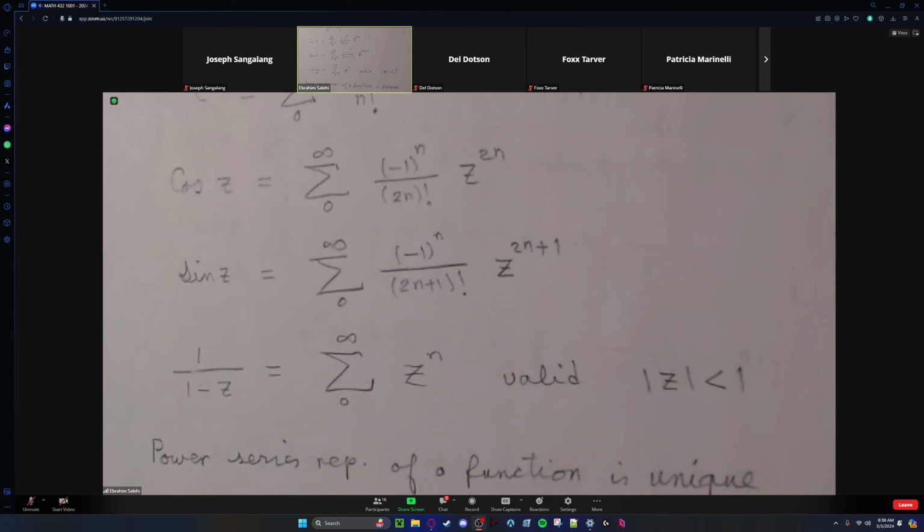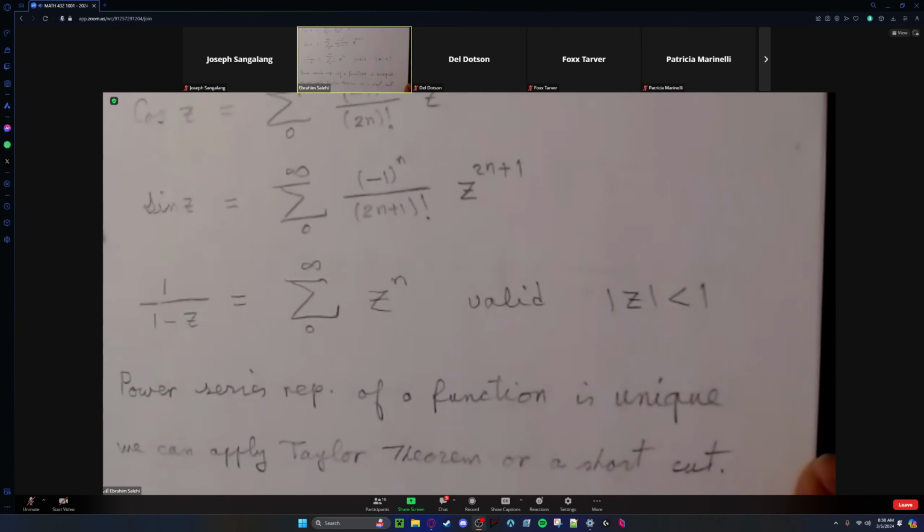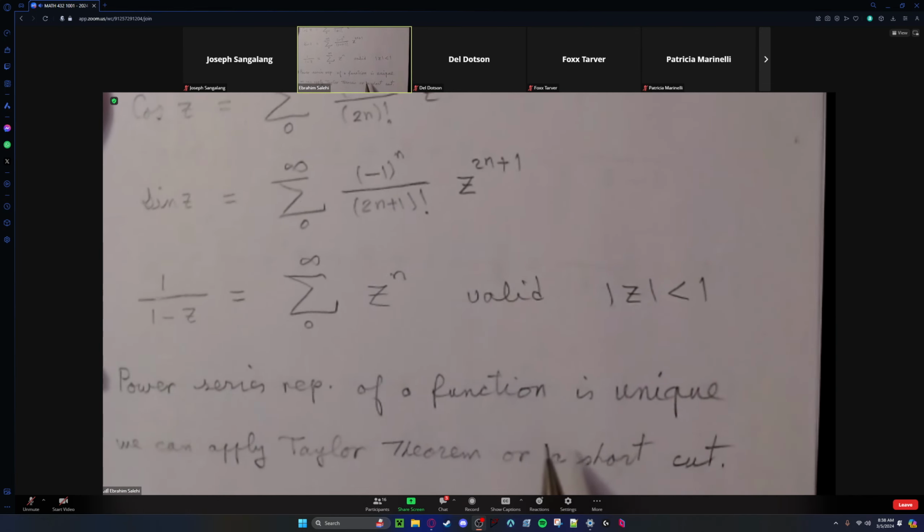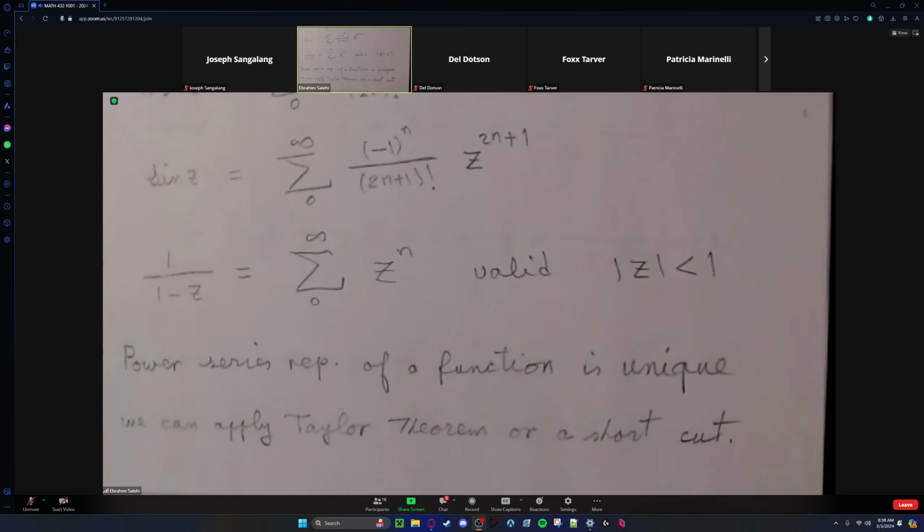One of the facts that we proved and we should keep in mind religiously is that when you find a power series of a function, no matter what method you use, that power series is always unique. All right? You cannot have two different power series for a function. No, no way.